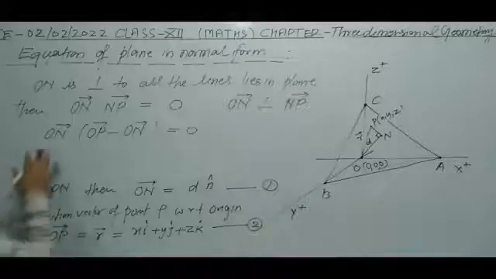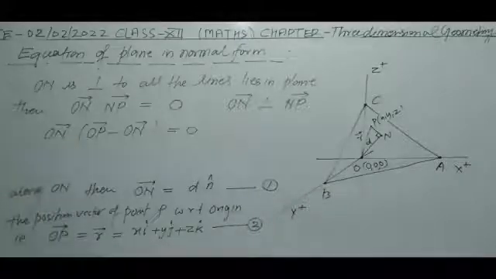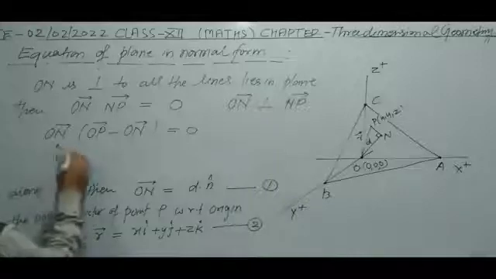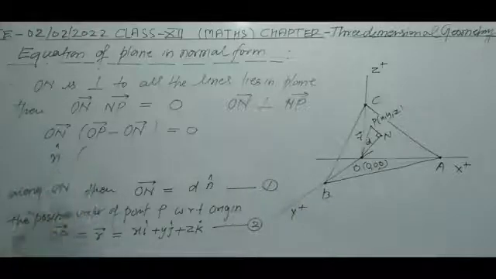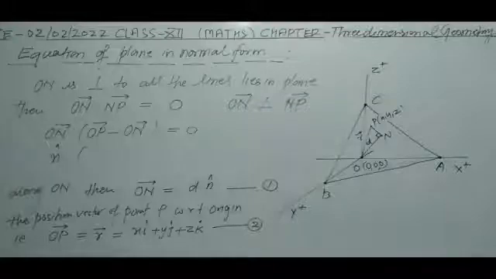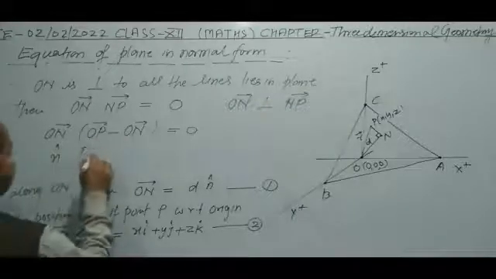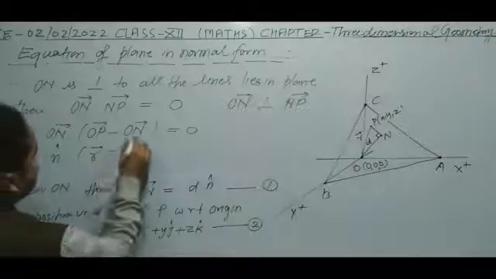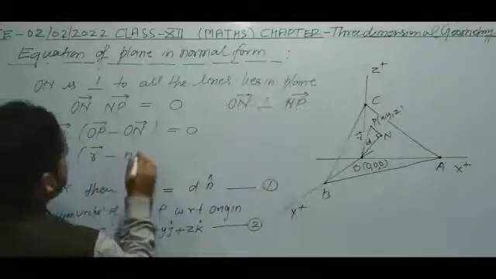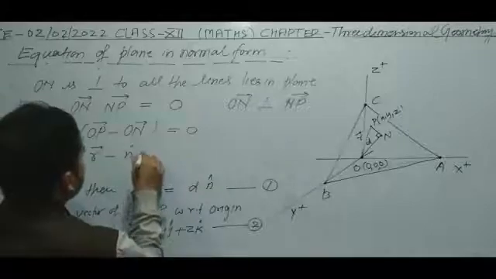ON we have considered is the unit vector into d, and OP vector we can write as vector R, minus this vector we can write n cap into d also.